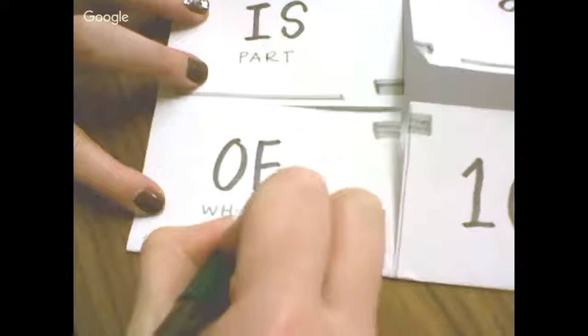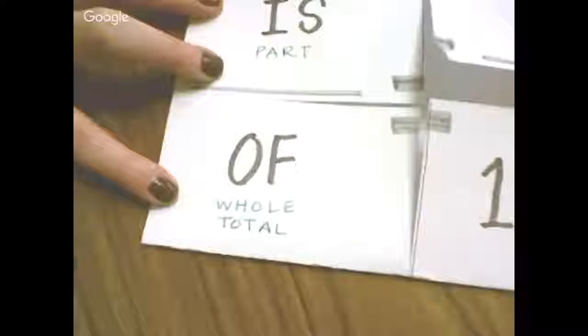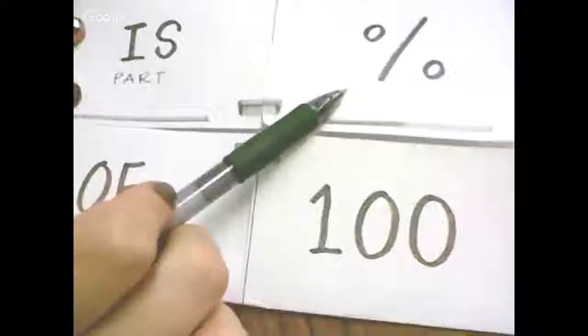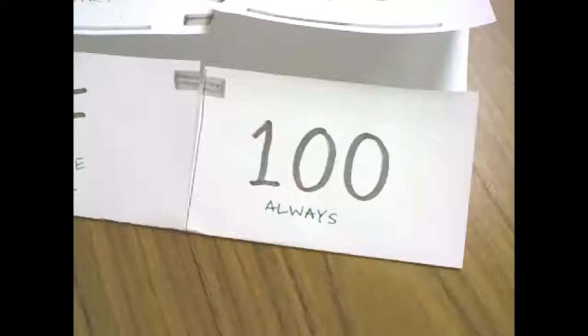So the total amount. So that's what we're going to be looking at. Now, every time on the other side, you're going to have a percent, and 100 will always be there. This one will always be 100. Okay, so let's look at some examples.